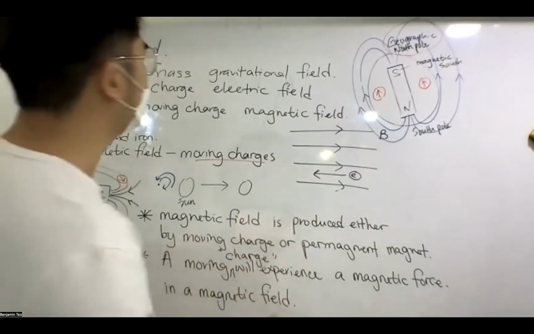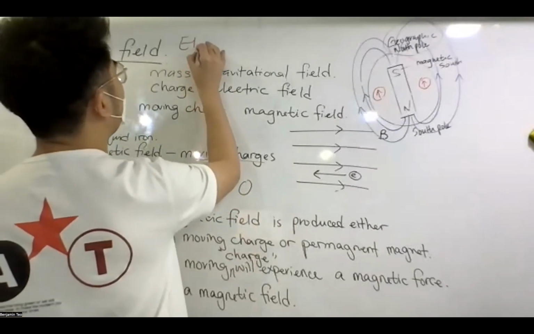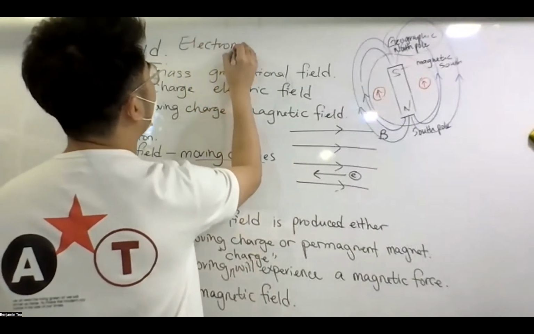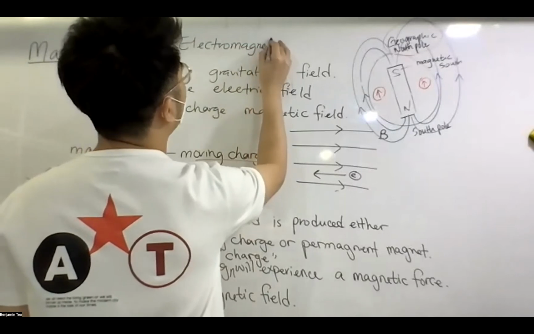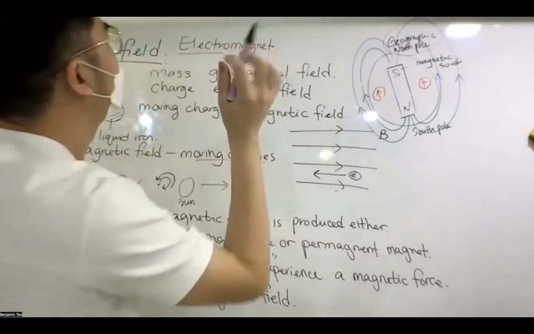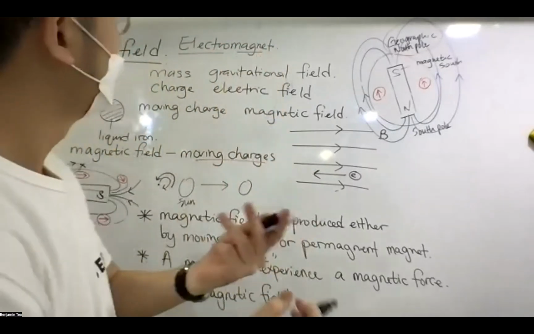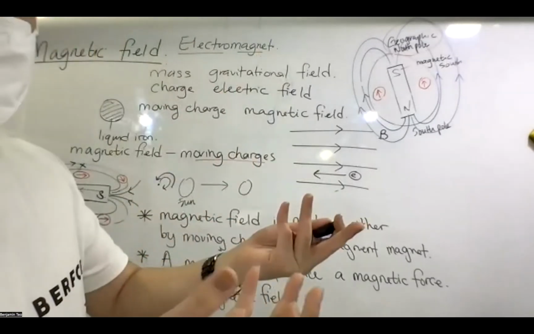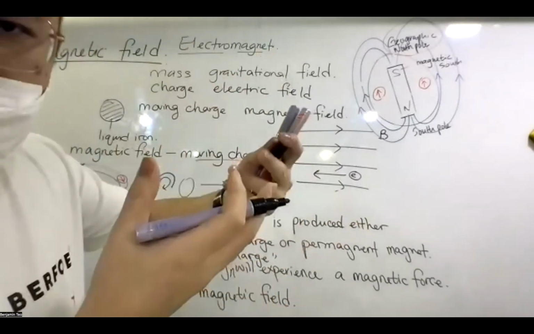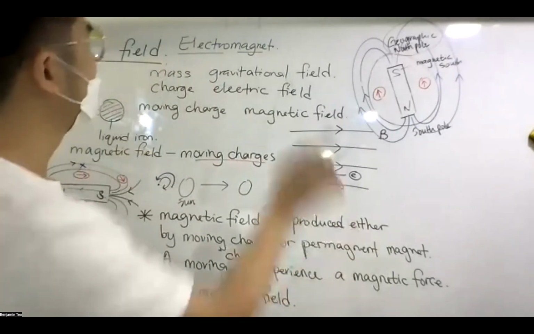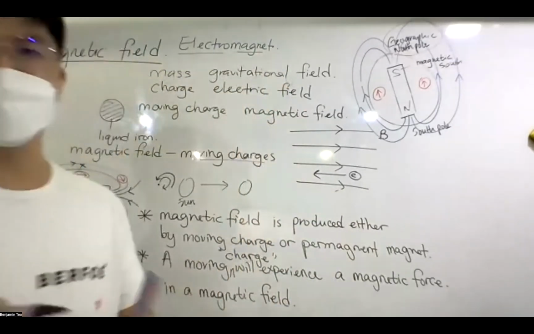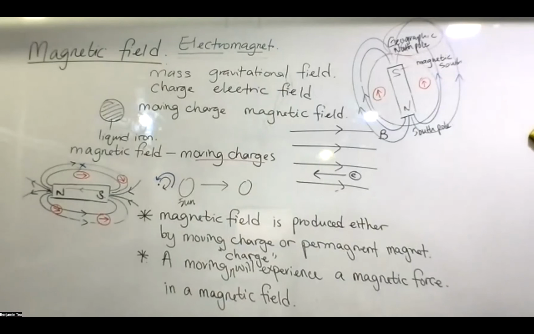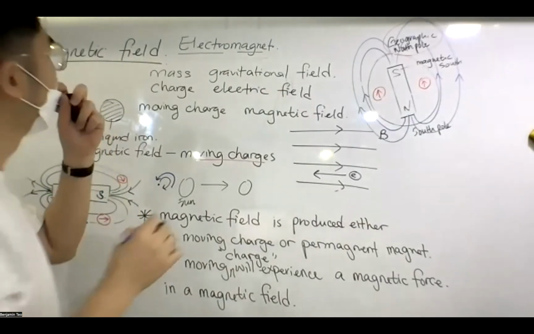If you were asked to define it, very simply, electro is electric, right? Magnet is magnetic field. So the magnetic field is created by electric. What is electric? Moving charge. So electromagnet is referring to any object that is creating its magnetic field using the moving charge.